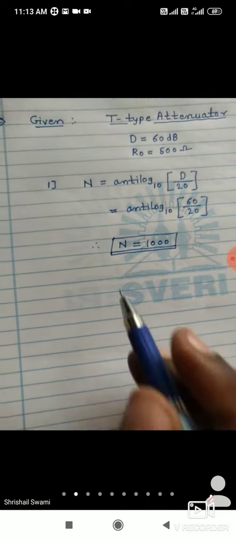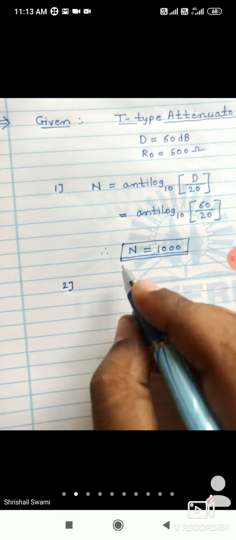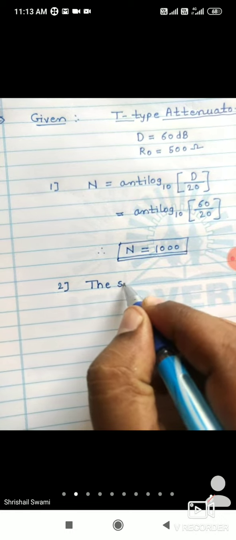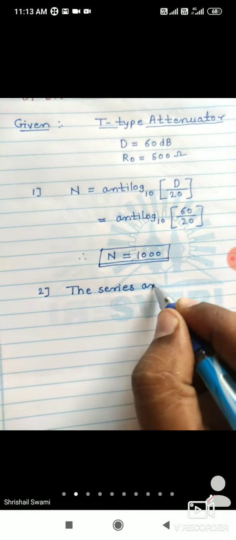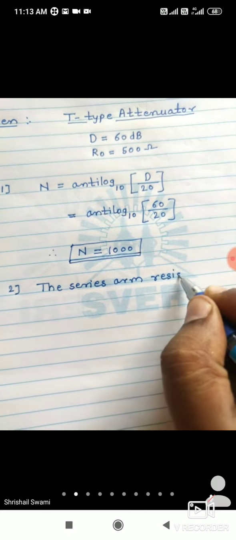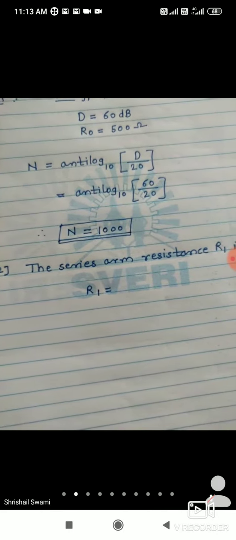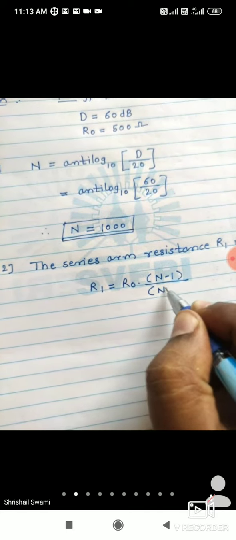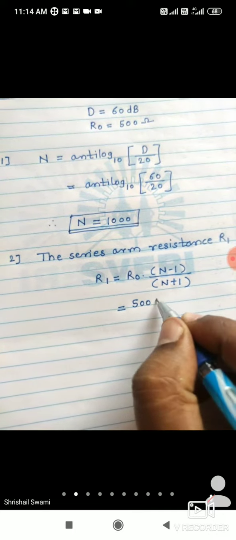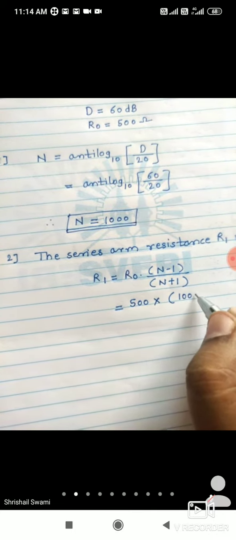Understood? So second one, the series arm resistance, that is R1. The series arm resistance R1 is given by R1 is equal to R0 into N minus 1 divided by N plus 1. If you remember the formulas, you will get the answer. R0 is 500, into N minus 1, that is 1000 minus 1, divided by 1000 plus 1.